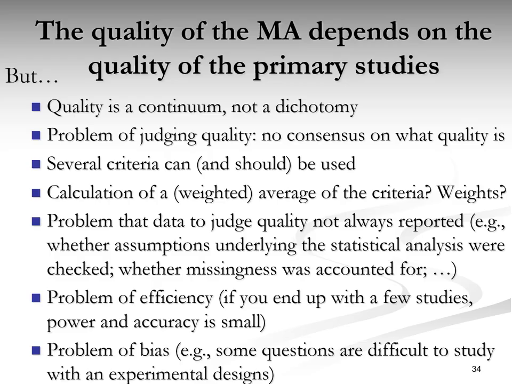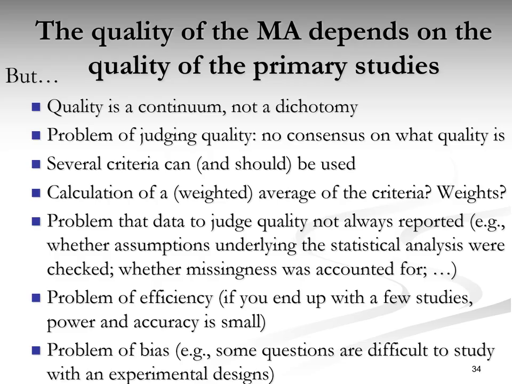Another problem is that very often the data to judge quality are not reported. For instance, in a qualitatively good study, assumptions are tested. Assumptions underlying statistical tests are checked. But very often, researchers check these assumptions, but simply do not report that they checked these assumptions.